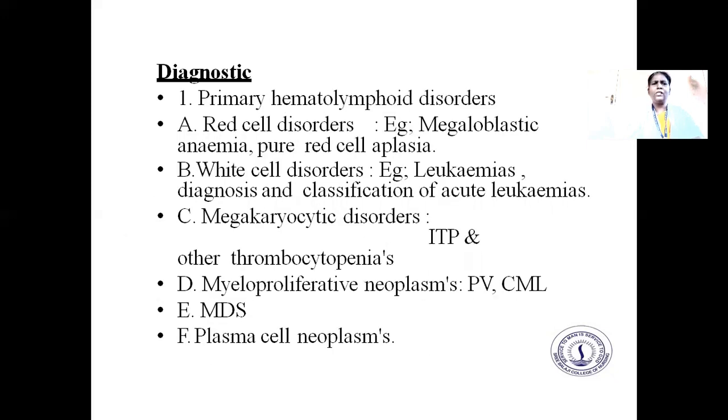First, diagnostic: primary hematolymphoid disorders. A is red cell disorders, for example megaloblastic anemia, pure red cell aplasia.